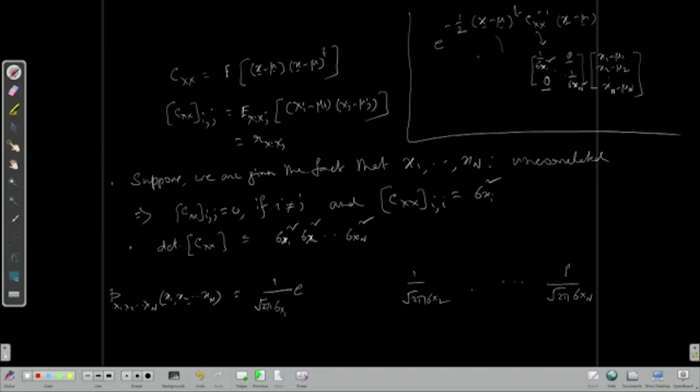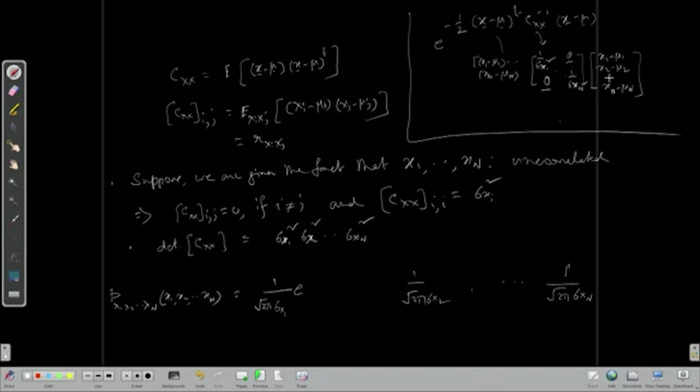With that, if I multiply the column x1 minus mu1 up to xn minus mu n, you will have x1 minus mu1 whole square divided by sigma x1 square, plus, really plus, because it is a row vector times this matrix, times a column vector. So row into column means term by term multiply and add. So x1 minus mu1 whole square by sigma x1 square, plus x2 minus mu2 whole square by sigma x2 square, plus and so on.